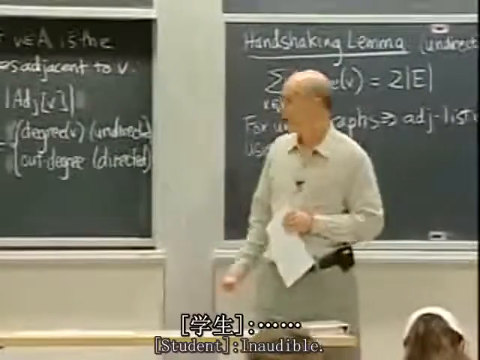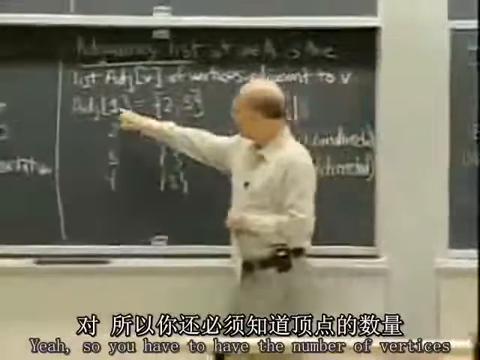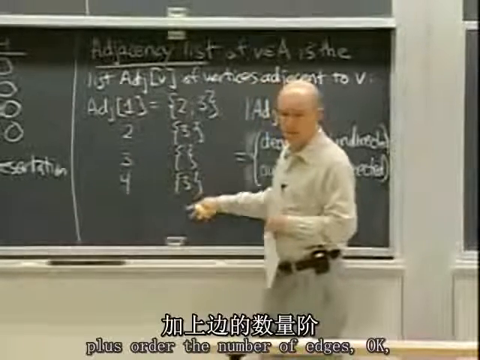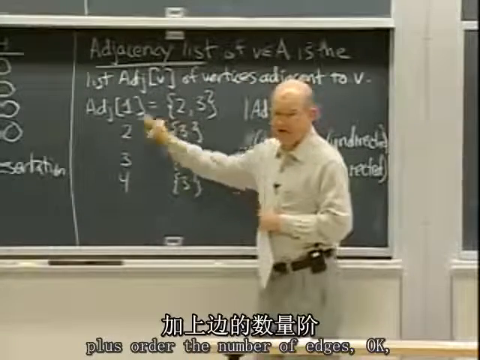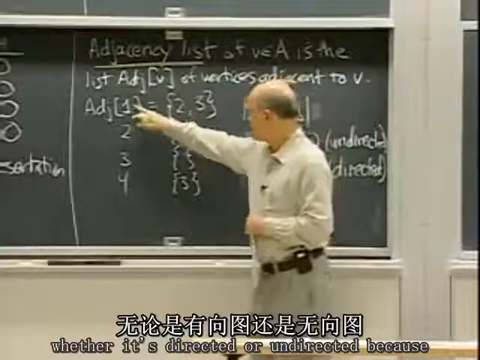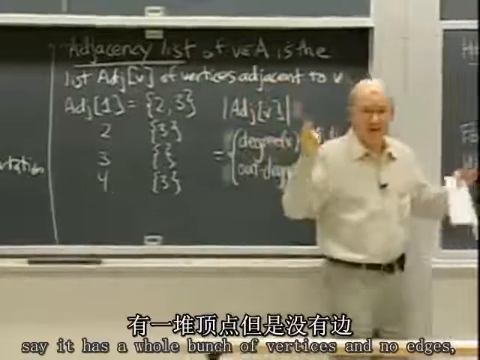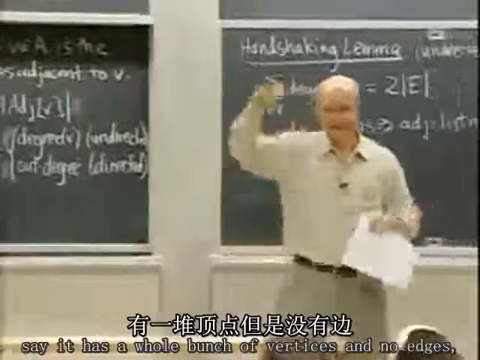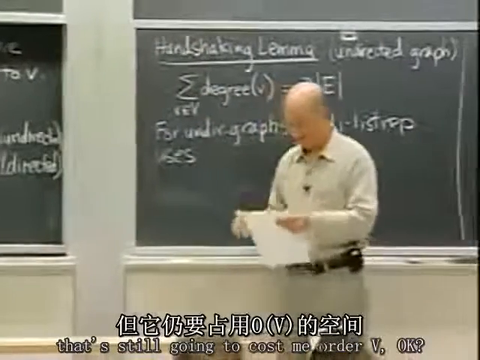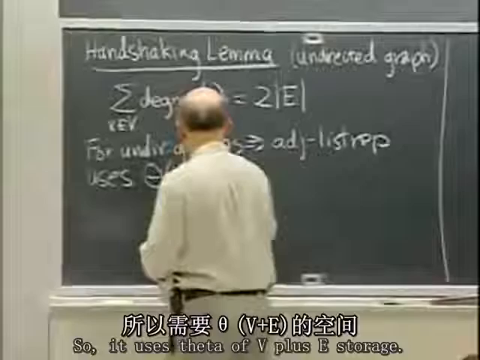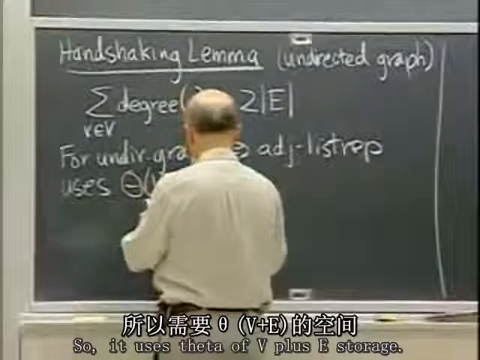Plus the number of vertices. So you have to have the number of vertices plus the number of edges, whether it's directed or undirected, because I may have a graph that has a whole bunch of vertices and no edges, and that's still going to cost me order v. So it uses theta of v plus e storage.